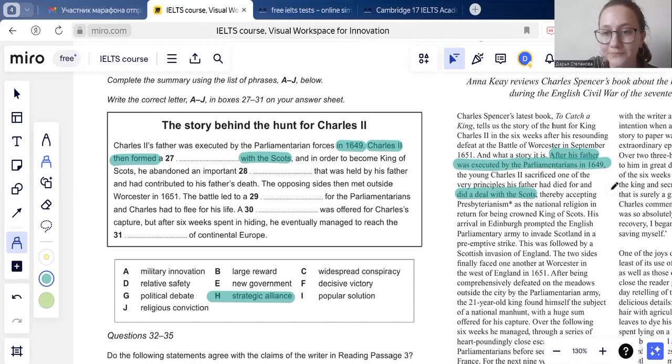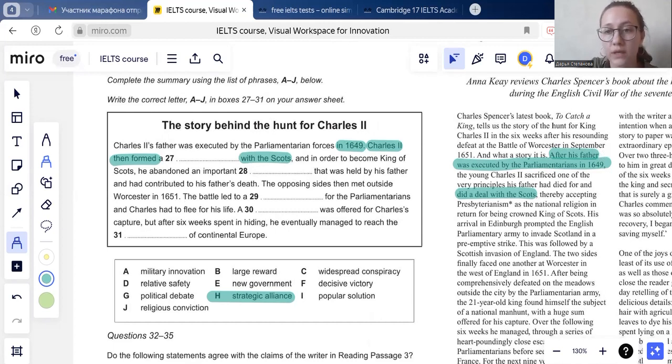So it's just one sentence, and there are no hints that a huge period of time lay between these events. I mean, here we have his father was executed by the parliamentarian forces, and after his father was executed by the parliamentarians in 1649, just like this.